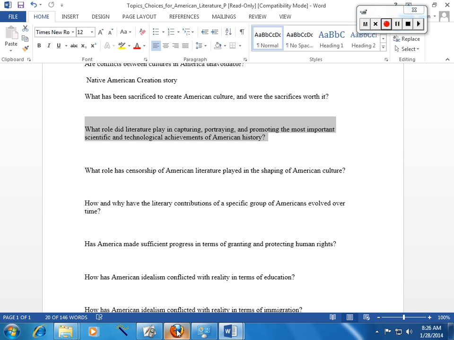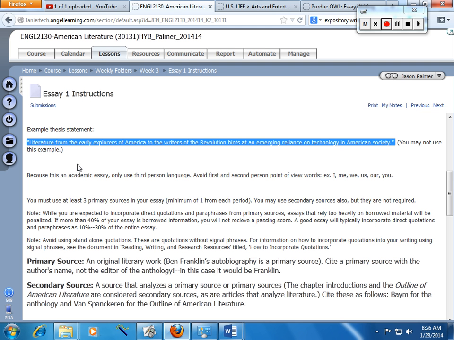And the answer to that question could be literature from the early explorers, right, from the very first time period all the way through the Revolution, so that includes the colonial period, right, from here to here. It hints at an emerging reliance on technology in American society. All right, so if I look at the writings, I see Americans relying more and more on different forms of technology. That's what I saw.